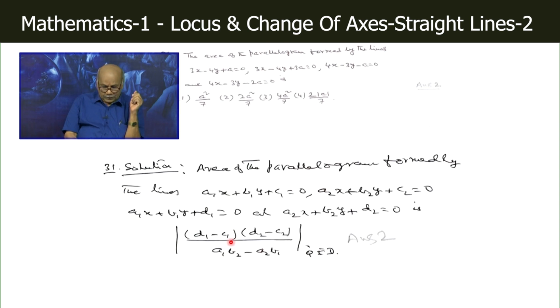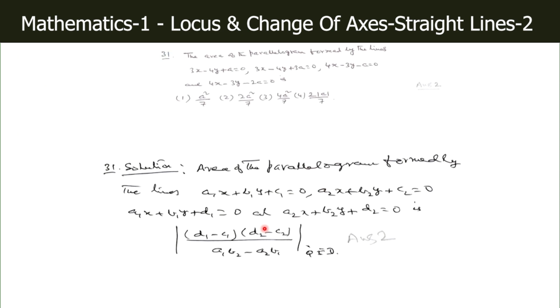So here if you substitute the values, a1 is equal to a, d1 is equal to 3a, c2 is equal to minus a, and d2 is equal to minus 2a. Therefore, if you substitute those values, you will have the answer. The correct option is number 2.